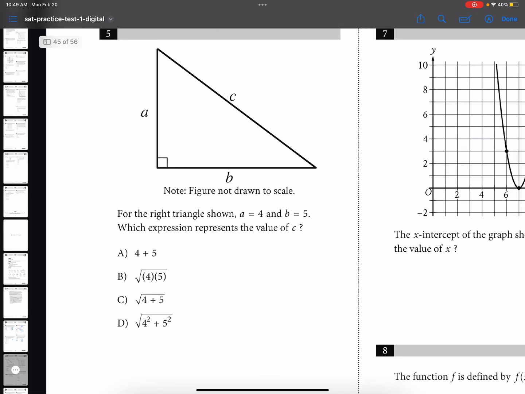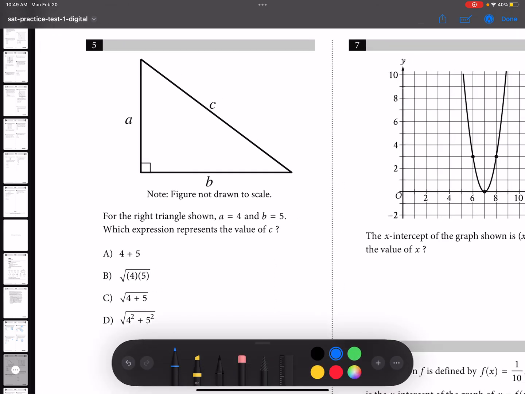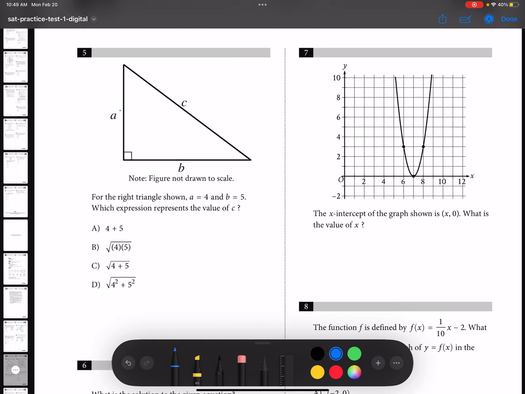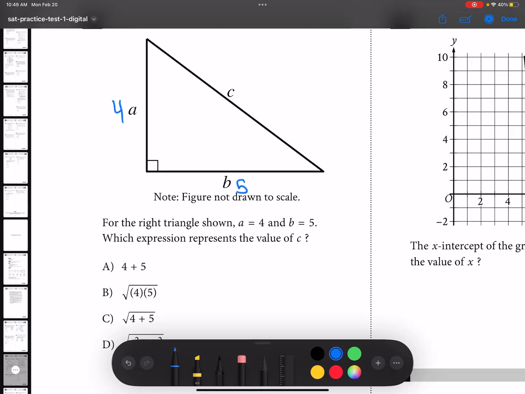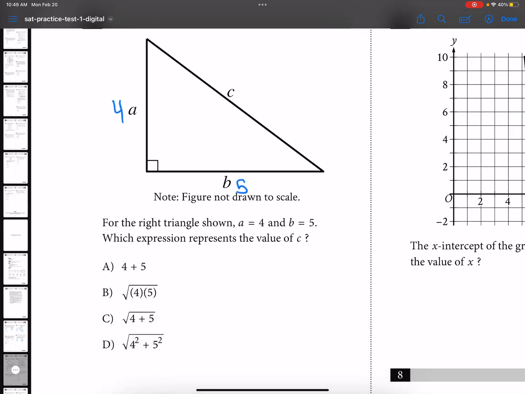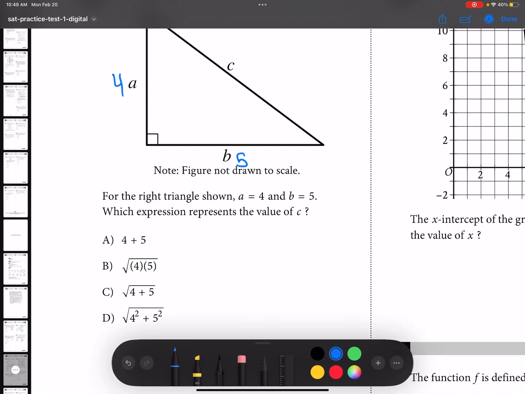All right, number 5. For the right triangle shown, A is equal to 4, B is equal to 5. So this is 4 and this is 5. So how are we going to solve this? Since we're trying to find C, this would be 4 squared and this would be 5 squared.